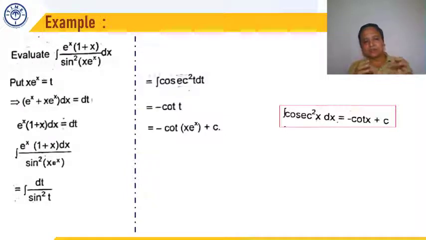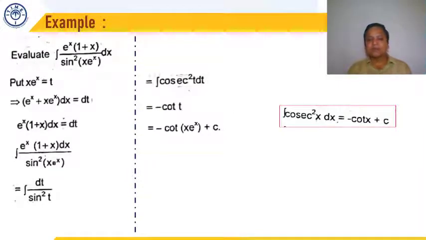So expression was directly not in the form where we can use a formula. So we go for a substitution. We take that value as t whose differential is present. X e to the power x as t is differentiation, which is e to the power x into 1 plus x dx was given.